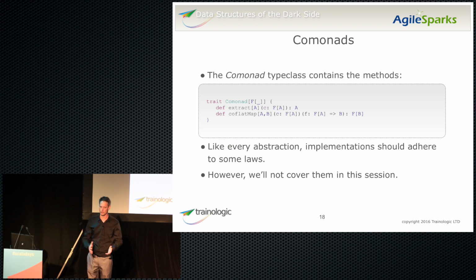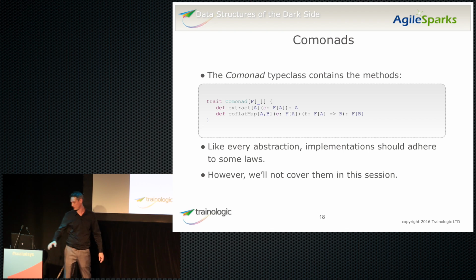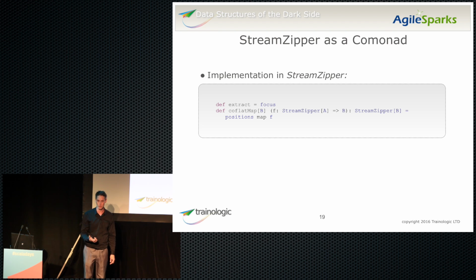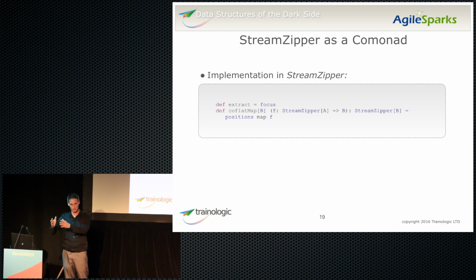But for zipper, we can implement the co-flat map quite nicely. Here, the extract will be the focus, and the co-flat map is just taking the positions and mapping over them with f. I'm taking all the possible cursors and invoking f over all of them, getting from each zipper a value. Remember, I'm in the context of zippers, and for each zipper I'm having the value, so we'll just get a regular StreamZipper of the results.